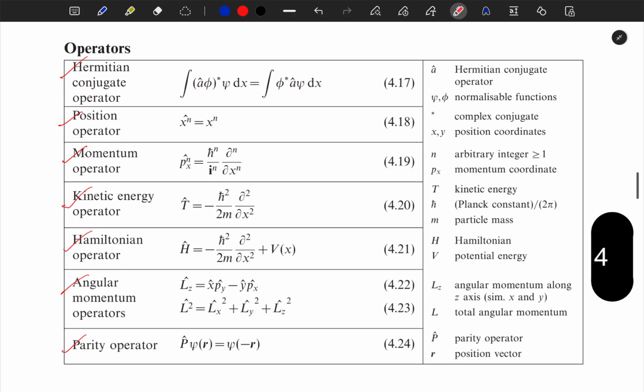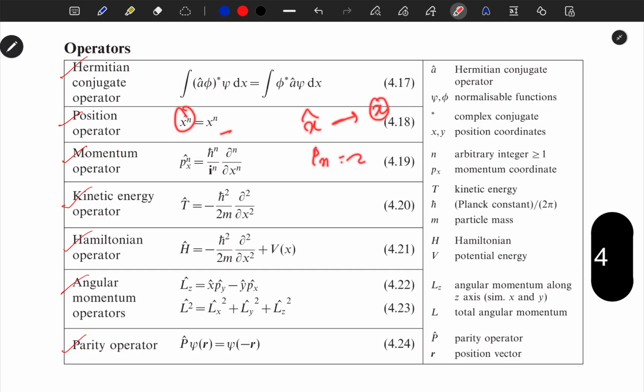Operators: Hermitian conjugates, so the integral of (A phi) whole star psi dx equal to the integral of phi star A psi. This is the Hermitian operator, the conjugate operator. Position operator, x will give x also.